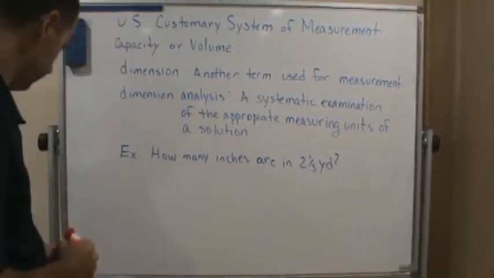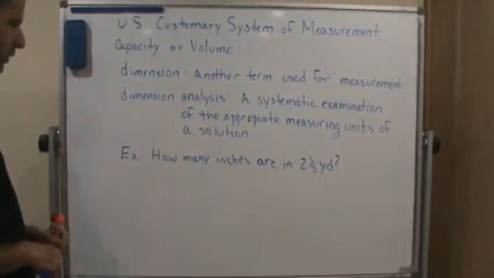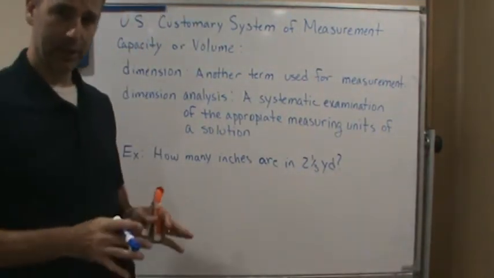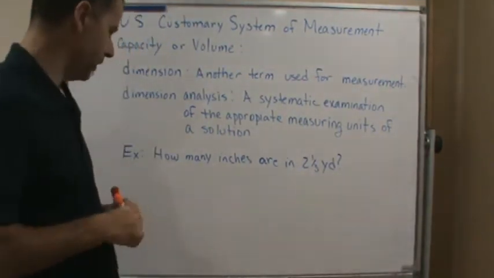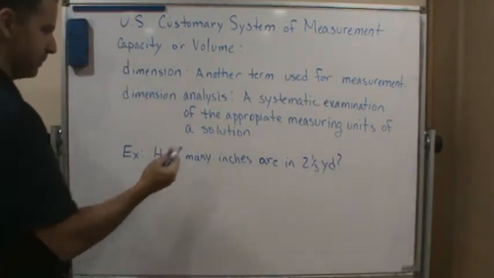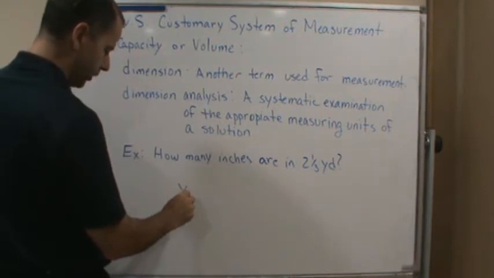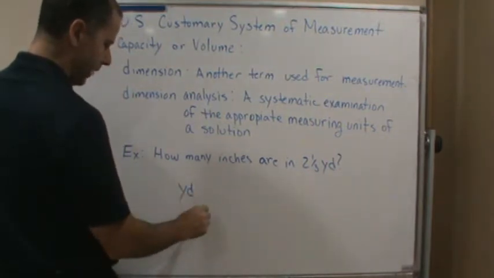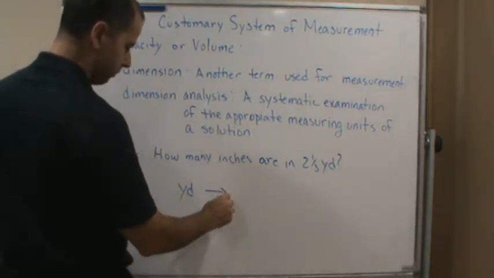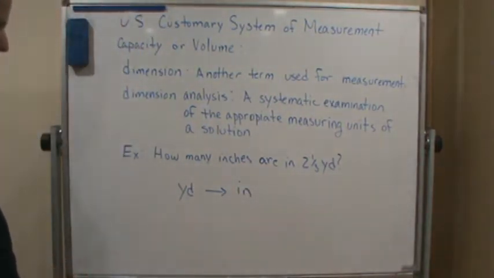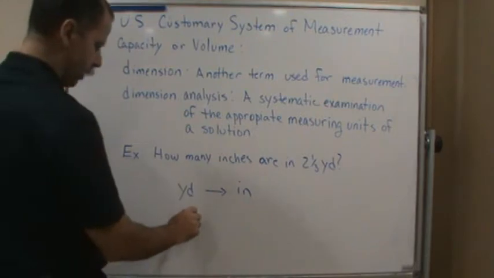For example, if I want to know how many inches are in 2 1/3 yards, I know I want to end up with inches. So when I look at my dimension analysis, I'm starting with yards, and I want to go to inches.